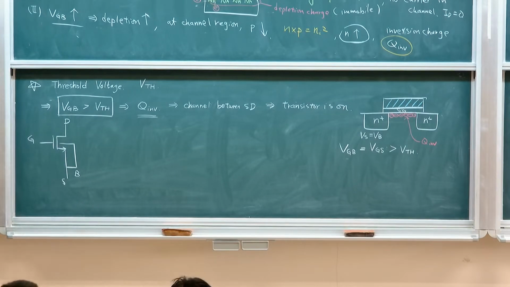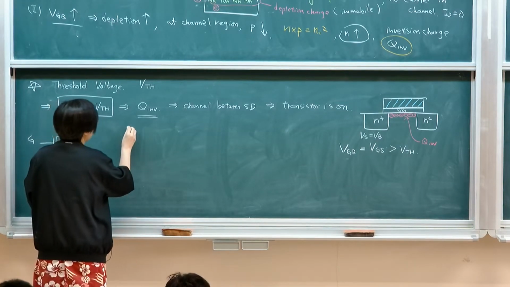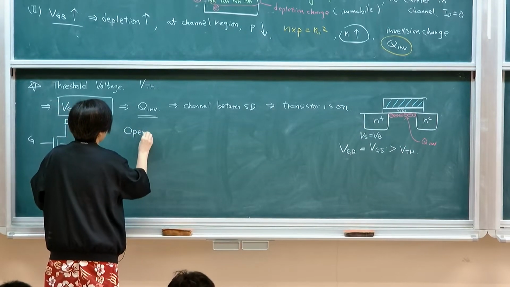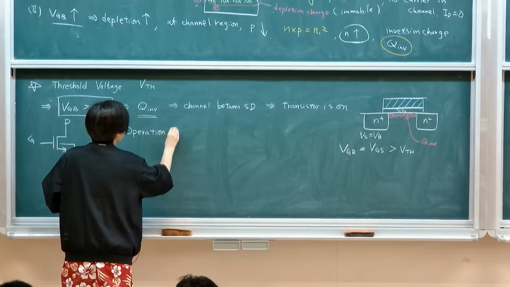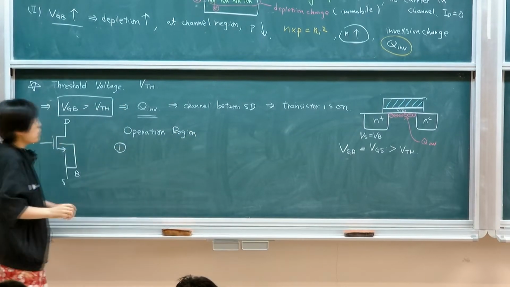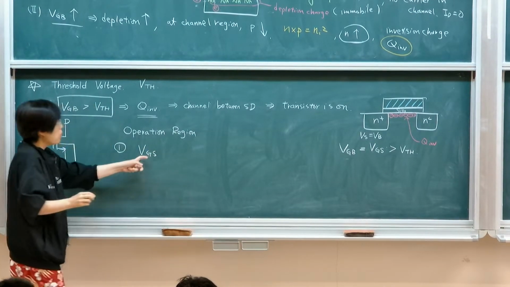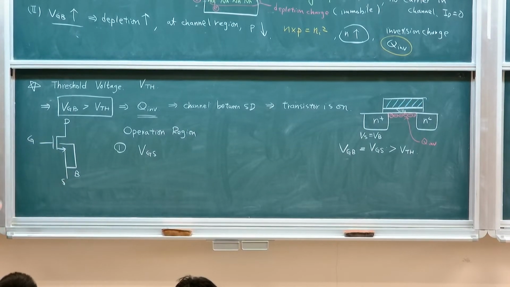Okay, so once this is formed, then there are different operation conditions. First of all, you want to make sure whether it's on or off, whether the channel exists or not. The next is the type of channel. So we're going to talk about the operation regions. When one talks about operation regions, we're simply going to use VGS because we're assuming that bulk and source are connected together.